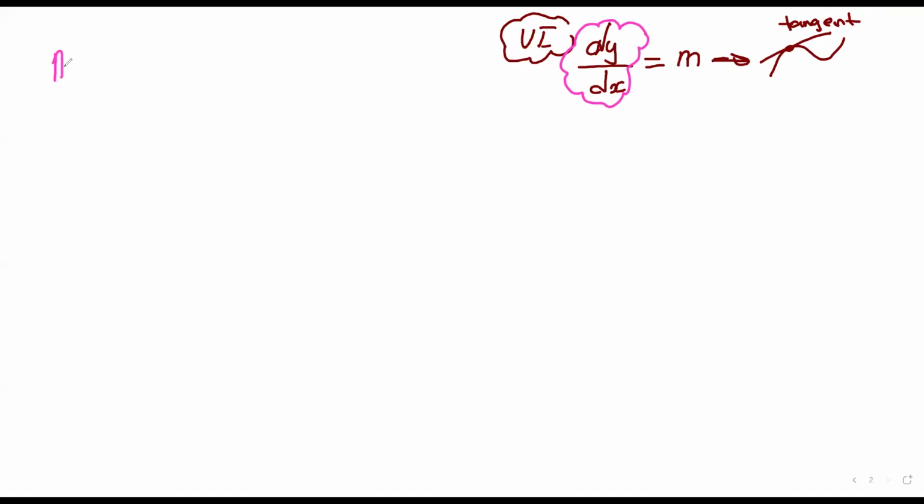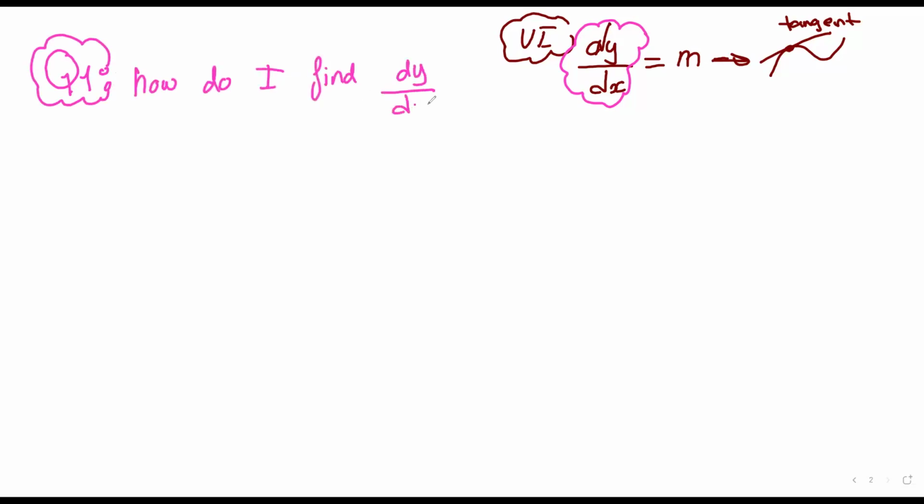As we always do, our topic will be divided into parts. Now we are going to discuss question number 1. Question number 1 is, how do I find dy by dx?